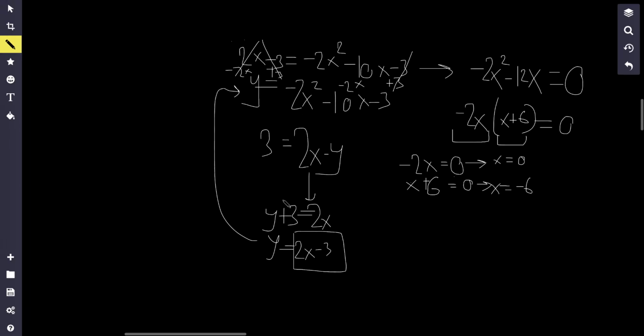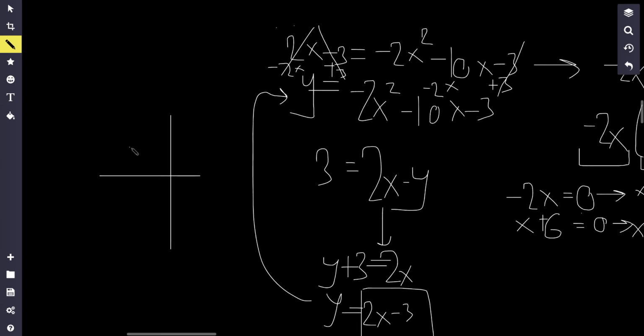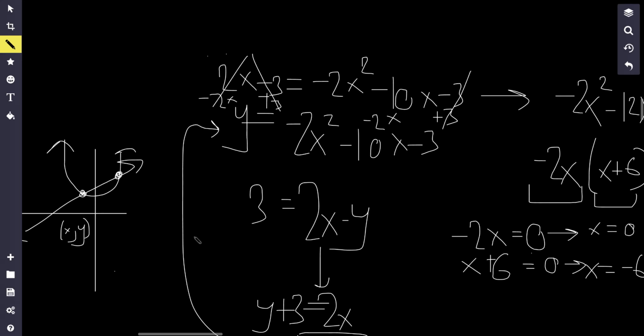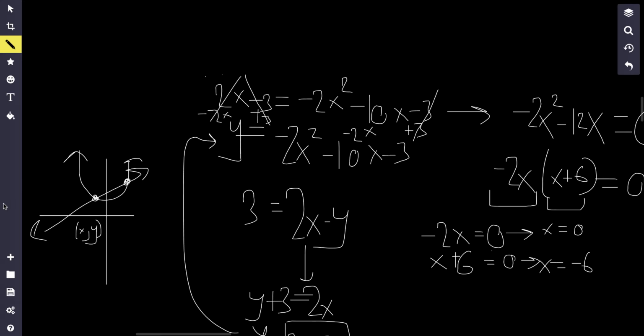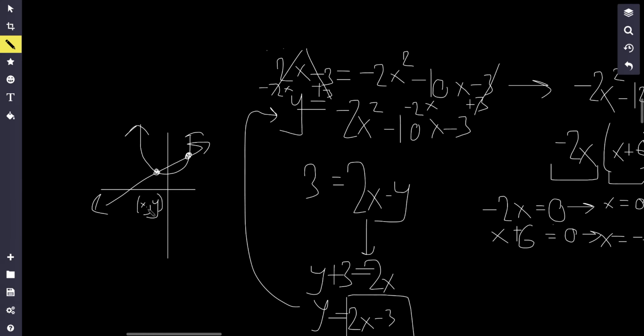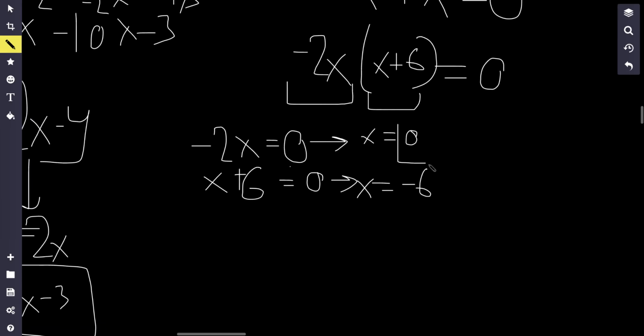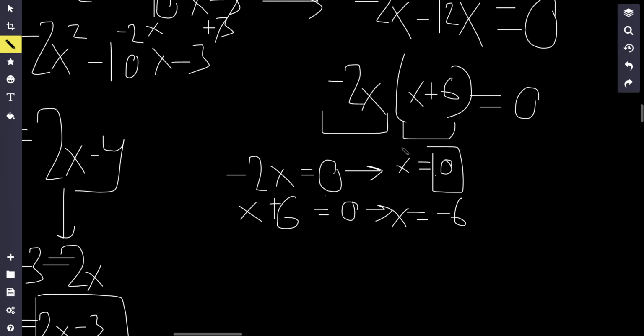Remember that when you're solving a system of linear equations, the intersection points are coordinates. They have an x and a y value. Whenever you write out solutions for a system, it should always be a coordinate. I have the x coordinates, and now all I have to do is find the corresponding y values.